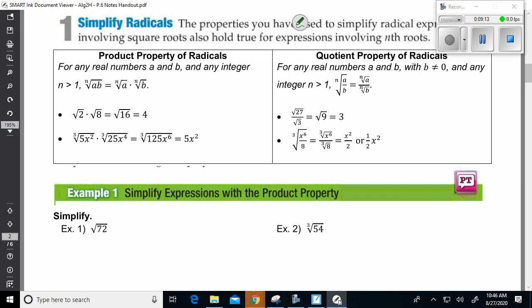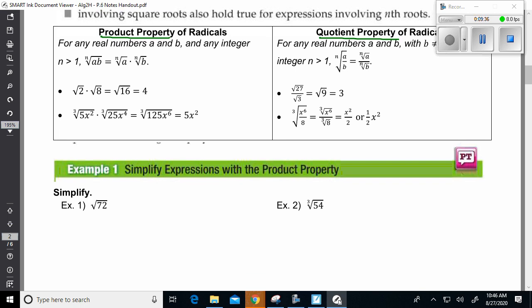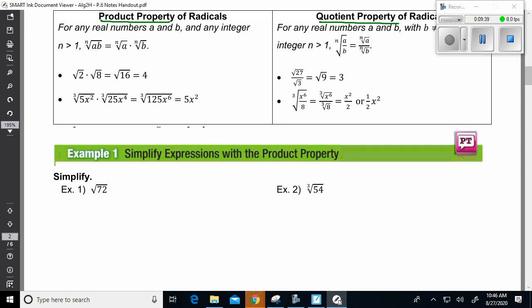Those would be the product property, which allows you to break up a radical using multiplication, and the quotient property, which allows you to break up a radical using division. So you are allowed to separate them out. So let's start with example 1. So we're going to start with the product property.